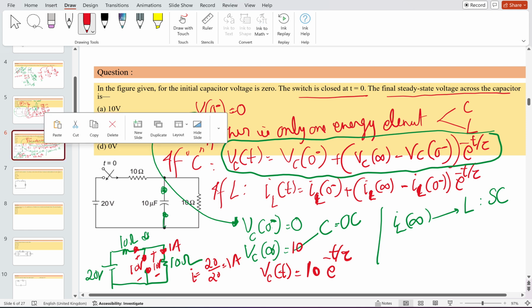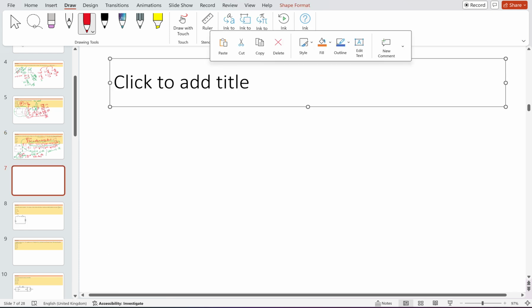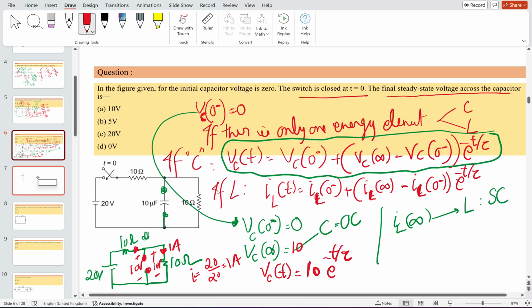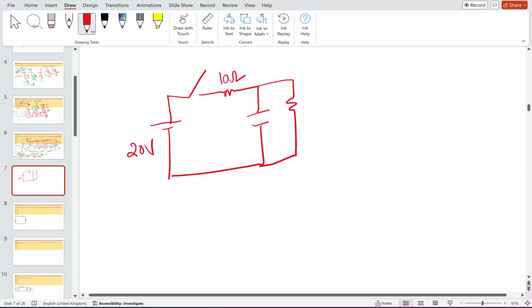Let's take a new slide here, with the concept which I have told. The circuit is a 20 volt source, and the switch was like this, and there is one resistor, then the capacitor, and then one resistor here. This is 10 ohm, this is also 10 ohm, and this C was given as 10 microfarad.